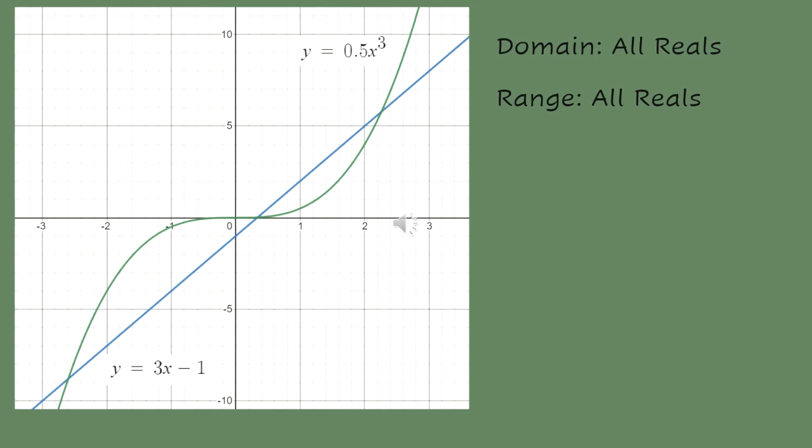It's also possible to get out any real number. That is, plug any number in for x, you can do the calculation. Plug any number in for y, you can solve the equation. You can see from the graphs too that both of these graphs stretch out horizontally and stretch out vertically. So once again, domain, all real numbers, and range is also all real numbers.